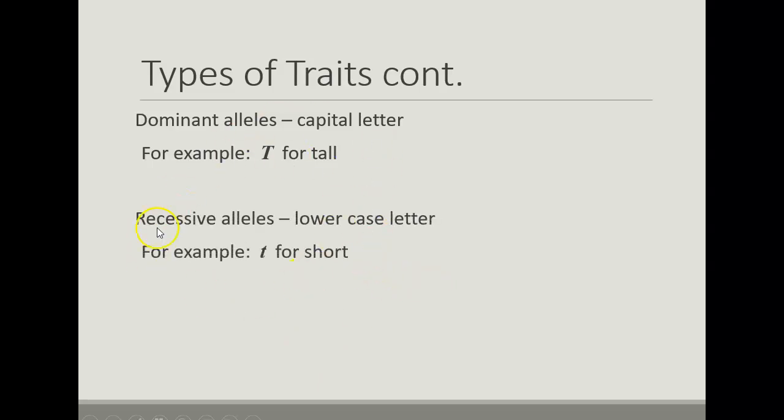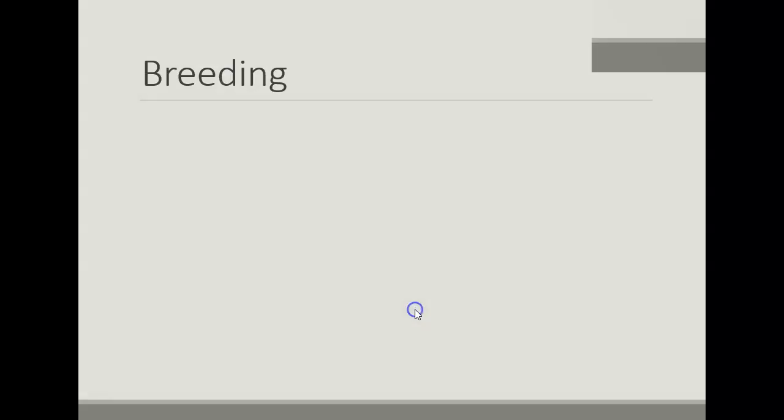For the same trait, the opposite allele is short, but rather than using a new letter like S, that would just get confusing, we just use the lowercase of the same letter. Okay, so capital for dominant, lowercase for recessive. T for tall, capital T, little t for short.